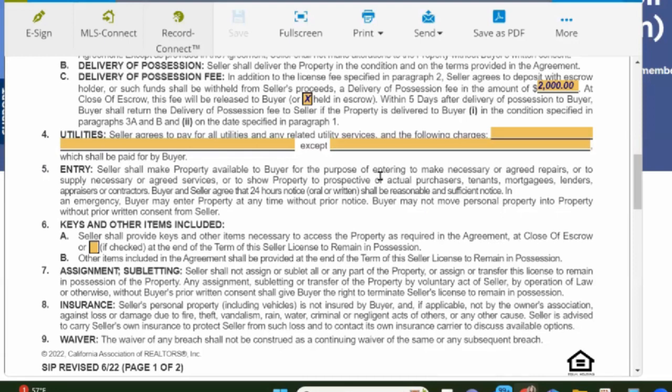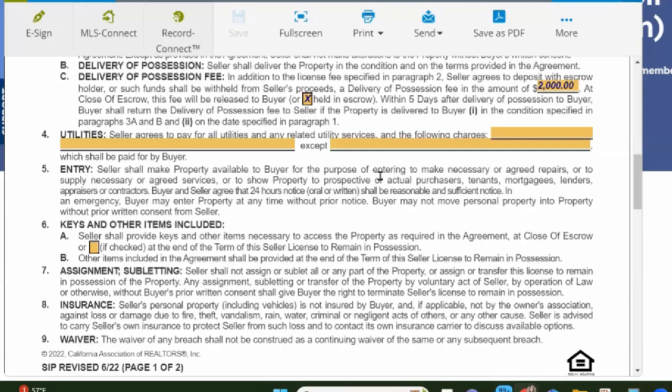So normally the seller would still have the utilities in their name, because there's a point where the seller is going to move out and then they'll turn off the utilities in their name. So even though escrow closed, the utilities are still in that seller's name, and the seller's the one still using them. And then when the buyer takes possession, it would get transferred into their name.